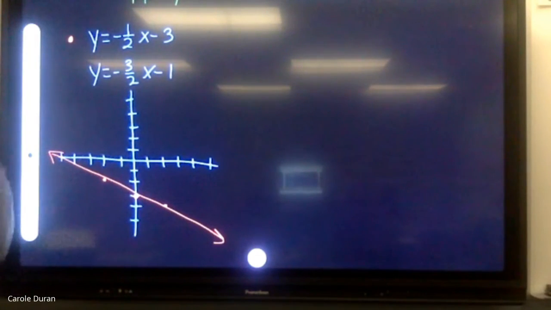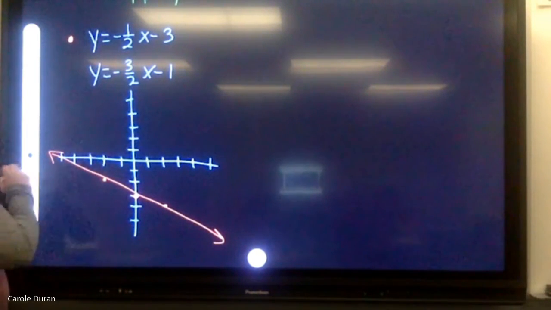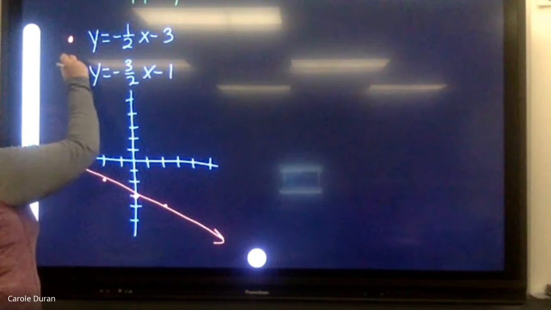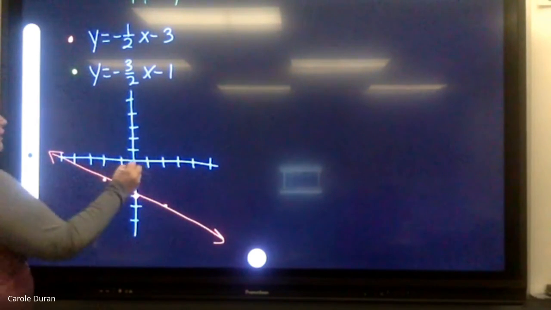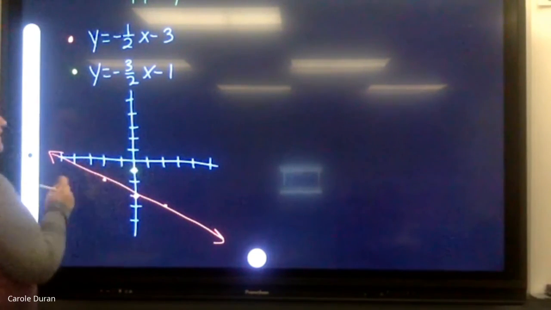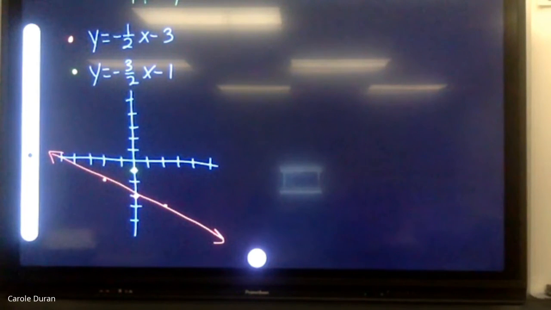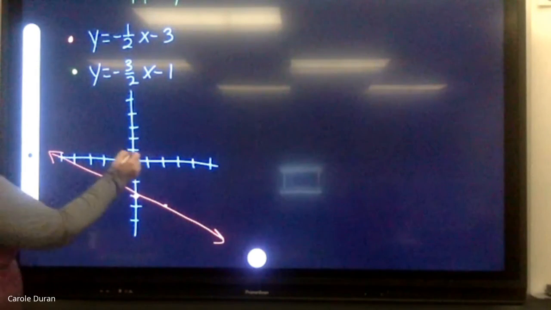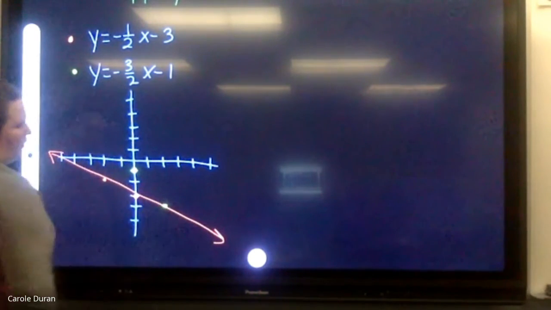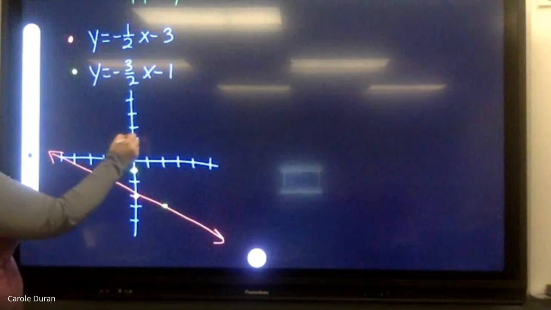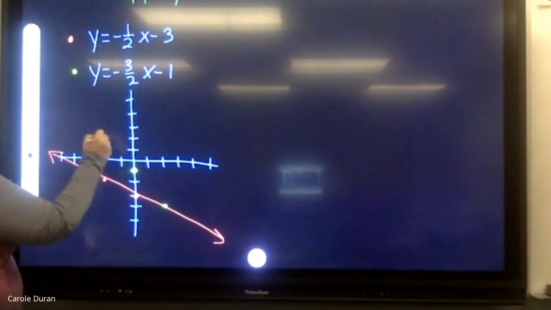And then I move on to my second line. On my second line, what is my y-intercept? -1, so I go to the y-axis, I go to -1 and I put a dot. My slope then is -3/2. So I go down 3 to the right 2, or you could have gone up 3 to the left 2.